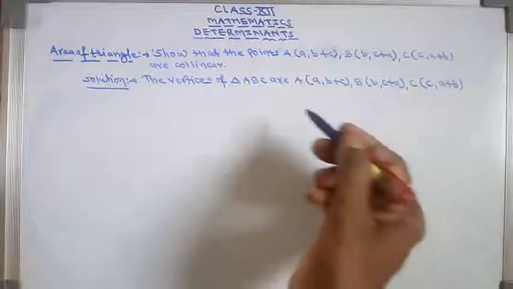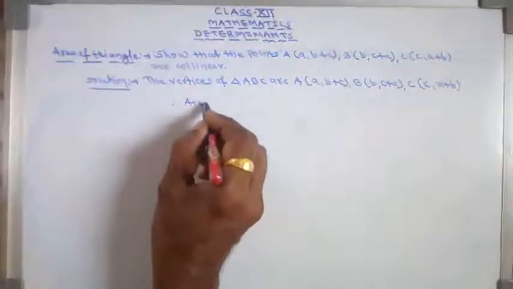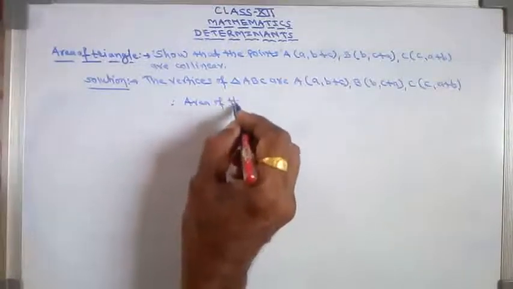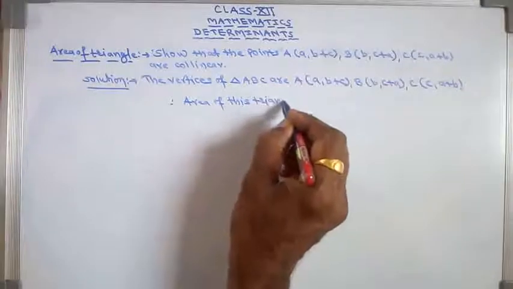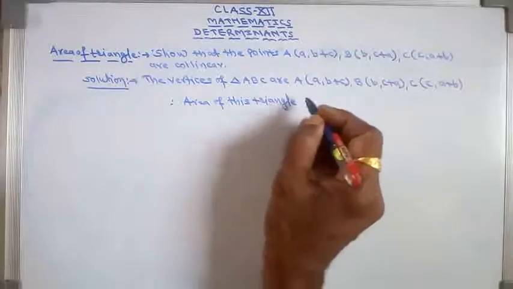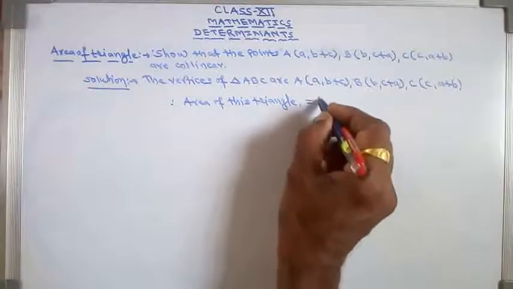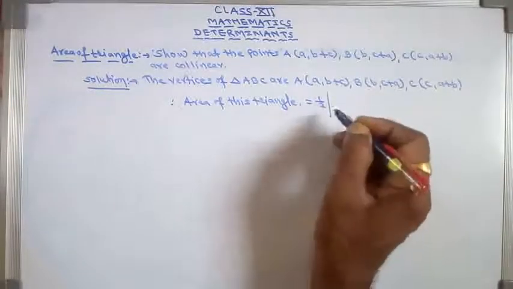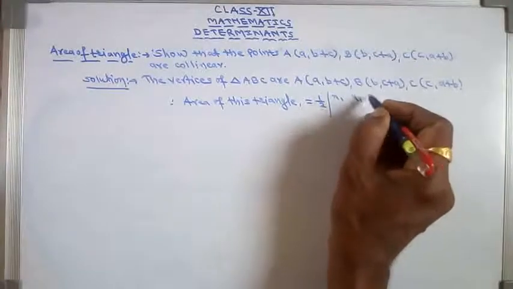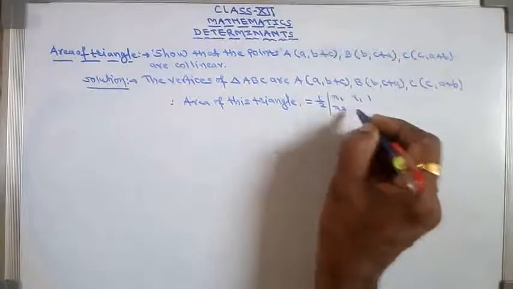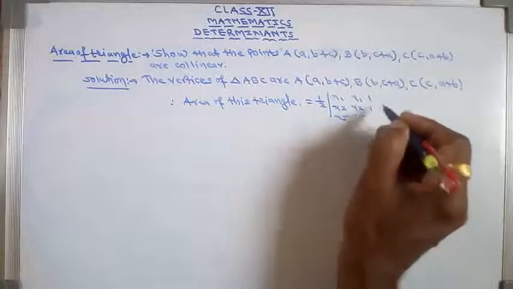So let us find the area of this triangle. Therefore, area of triangle ABC is equal to half into the determinant with rows x1, y1, 1; x2, y2, 1; x3, y3, 1.